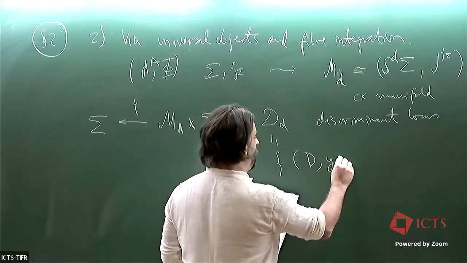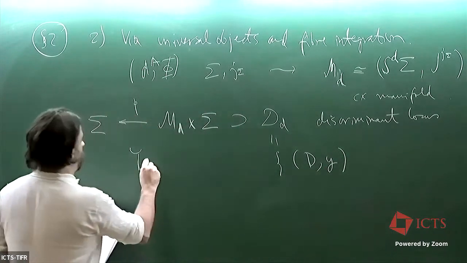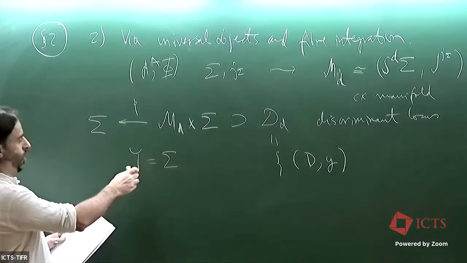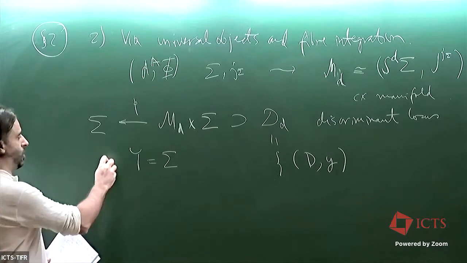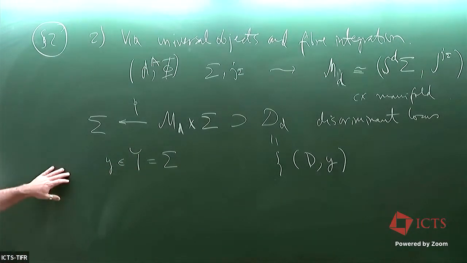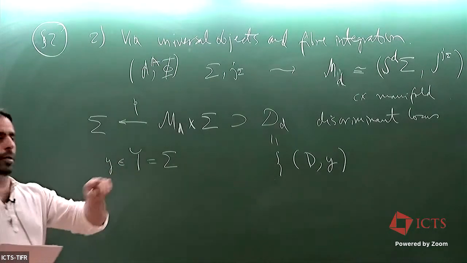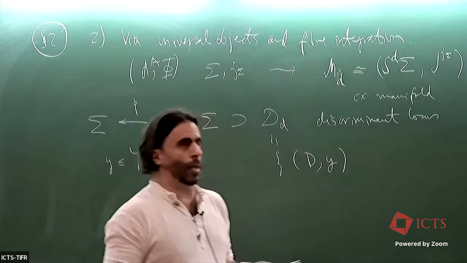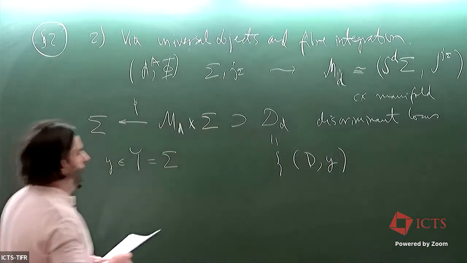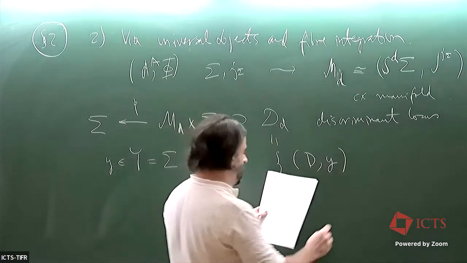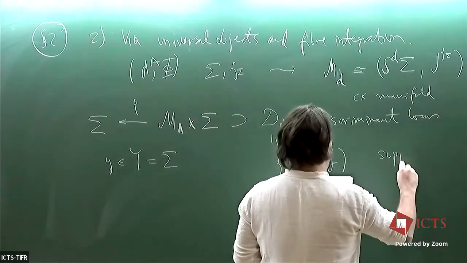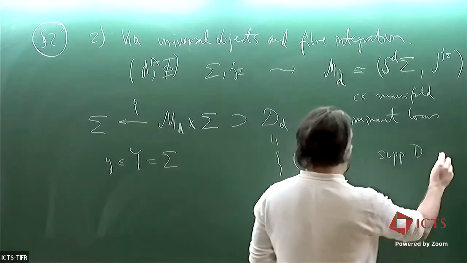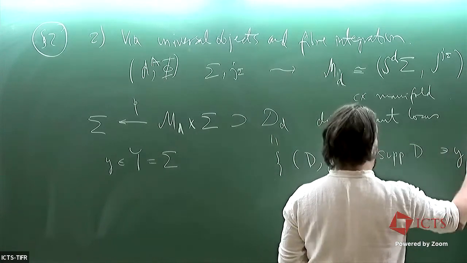Remember that I was playing with the base being sigma, and that's why I call it usually like this. So X for me, unlike in Oscar's talk, is the target, not the domain, not the base of the bundles. So it's the set of pairs such that the support of the divisor contains the point.